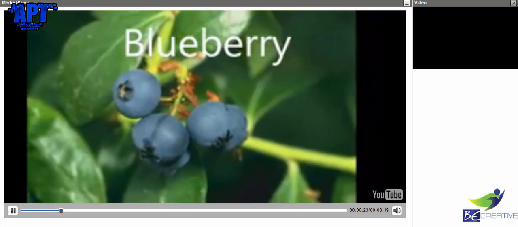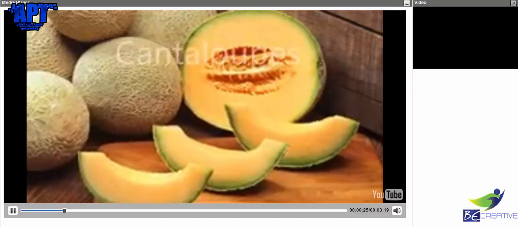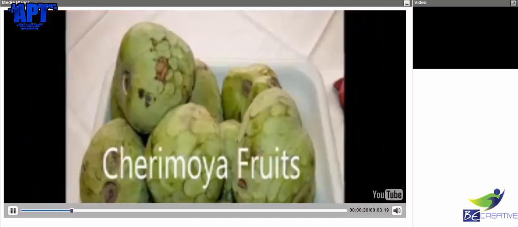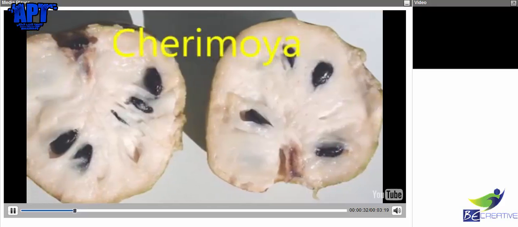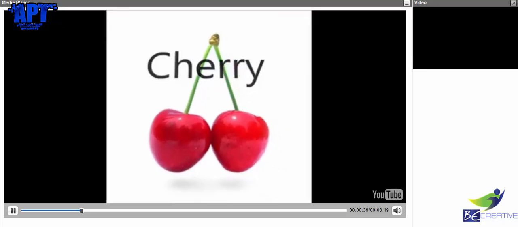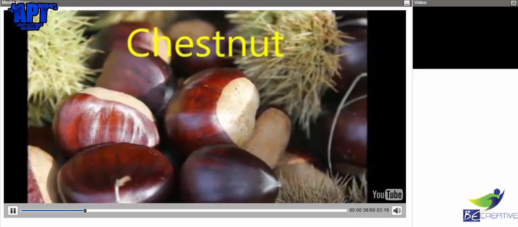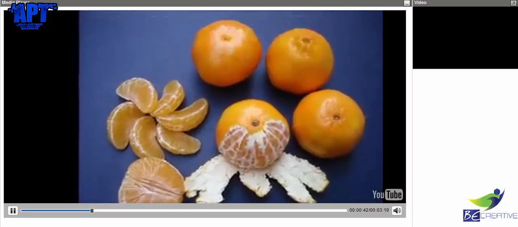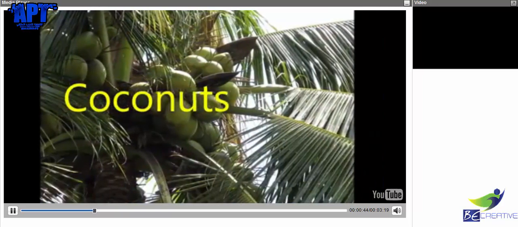Blueberry, blueberry. Cantaloupes, cantaloupes. Chirimoya fruits, chirimoya fruits. Chirimoya, chirimoya. Cherry, cherry. Chestnut, chestnut. Clementines, clementines. Coconuts, coconut.